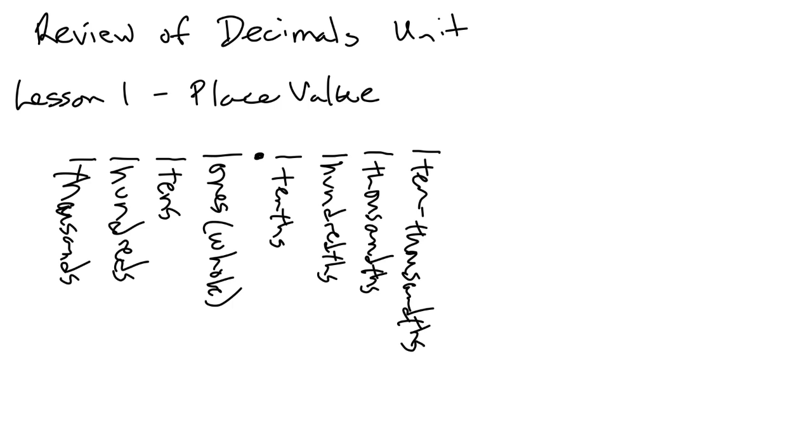Okay, and in that first lesson, all of our problems dealt with either identifying which place value a digit was in, or being asked which digit is in a particular place value given a particular number.